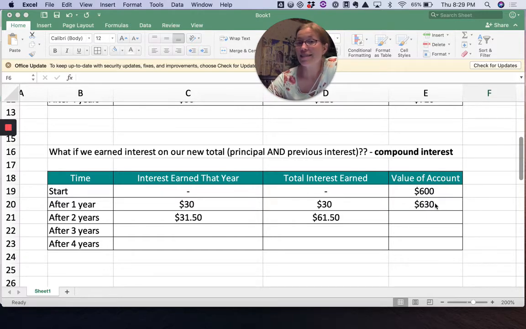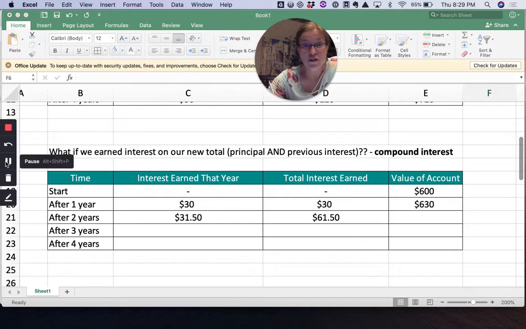This is where it's different. Year 2, instead of making just 5% off of $600, the original principal, we're making 5% off of this new total, $630. If you'll flip the page to page 96, questions 1 and 2 want us to work on coming up with these numbers.